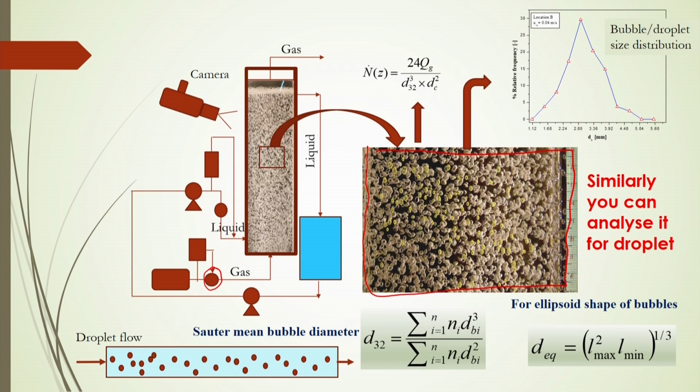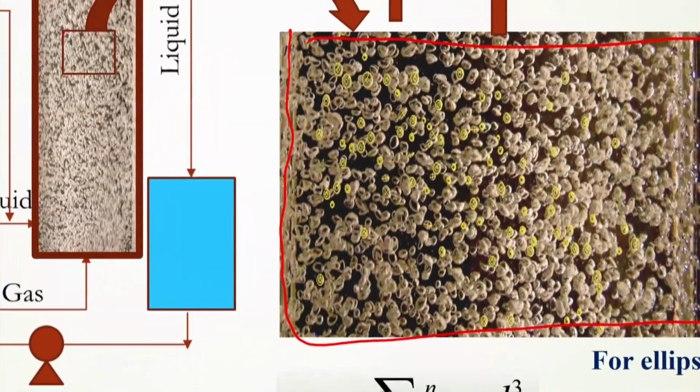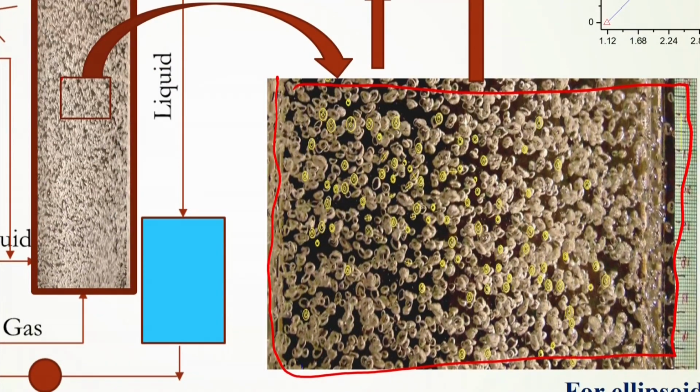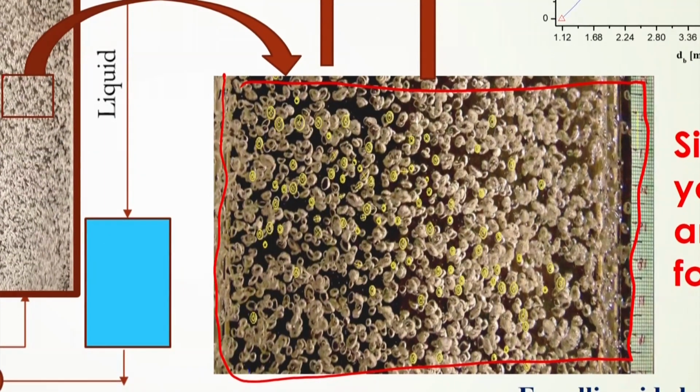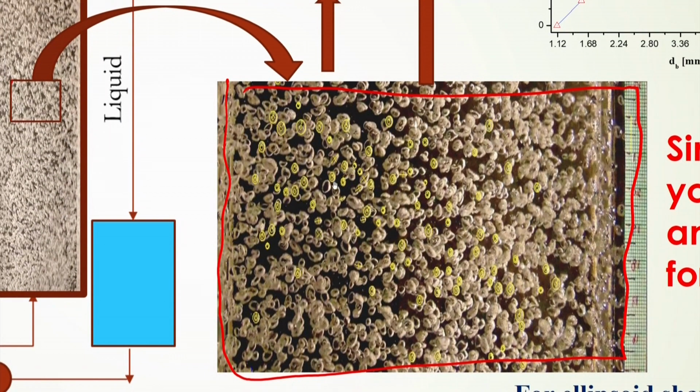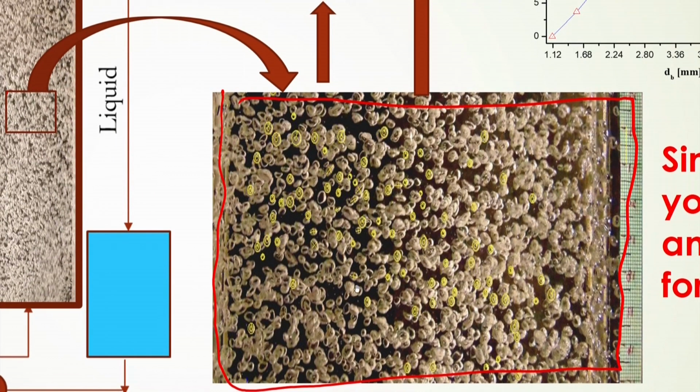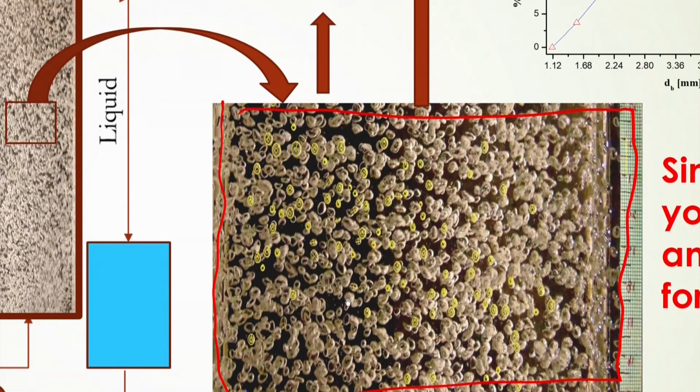What you have to do is individually identify each bubble in this picture and mark out the surface of the bubble. Let us consider one bubble here.